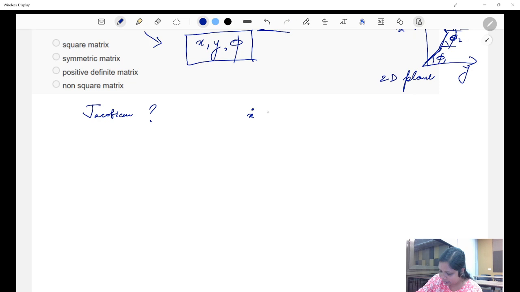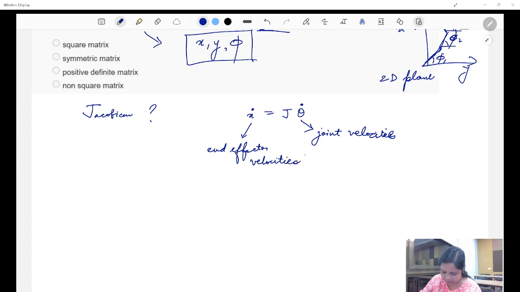Jacobian basically relates your joint velocities to end effector velocities, right? This is the relation that we have.